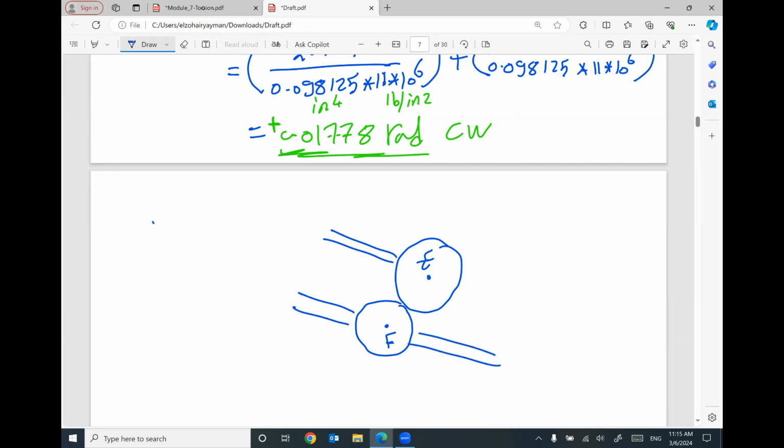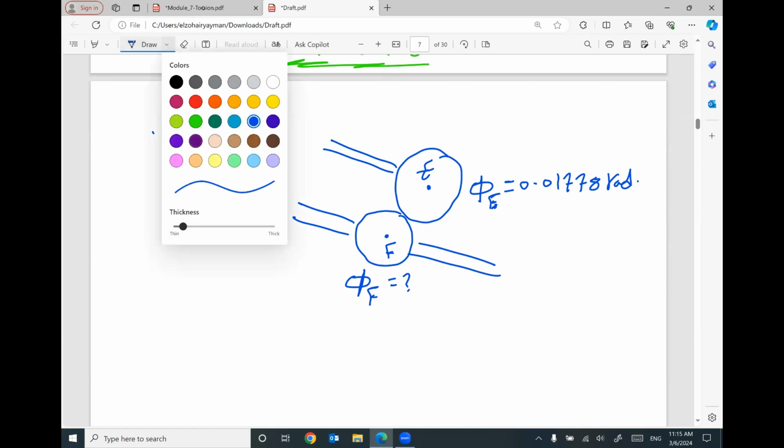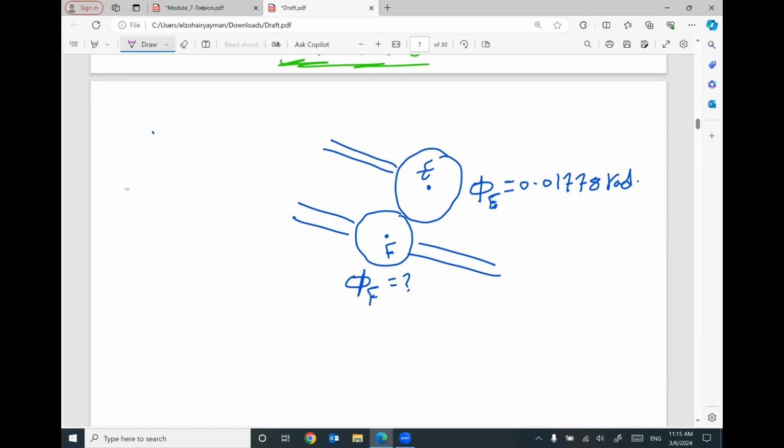So the angle of twist at E, which equals 0.01778 radian, will be transmitted to another angle at F. Since the two gears are connected together and rotating together, how can I convert the angle of twist you calculated at E to another angle of twist at F?